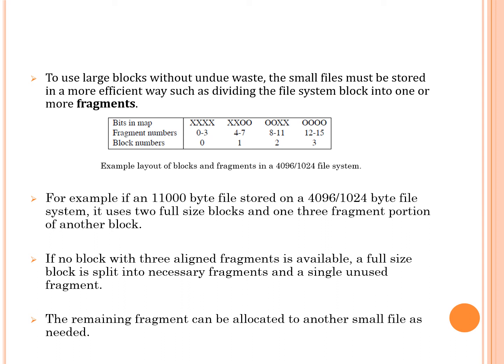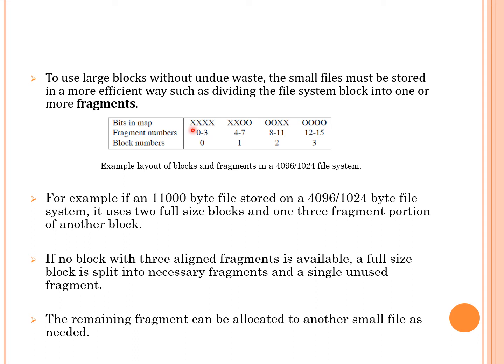without wasting, the small files are stored by dividing the file system block into one or more fragments. The size of the fragments is specified at the time the file system is created. To explain it briefly, let us consider the blocks and fragments in a 4096 by 1024 file system. Here there are 4 blocks and each block has 4 fragments.